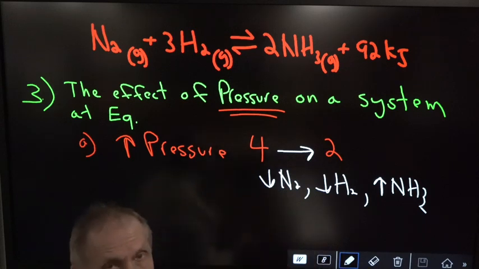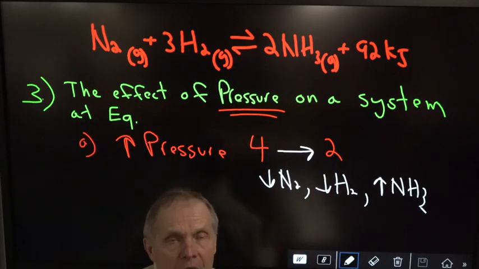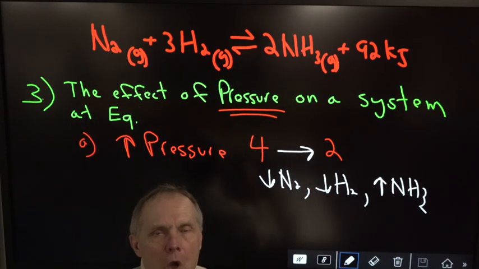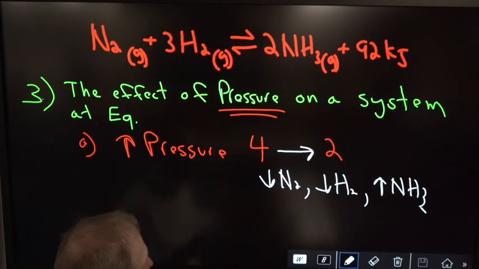So just remember, an increase in pressure always goes from high to low, and if it's an all-gas system, you just count the number of coefficients, and that'll tell you.